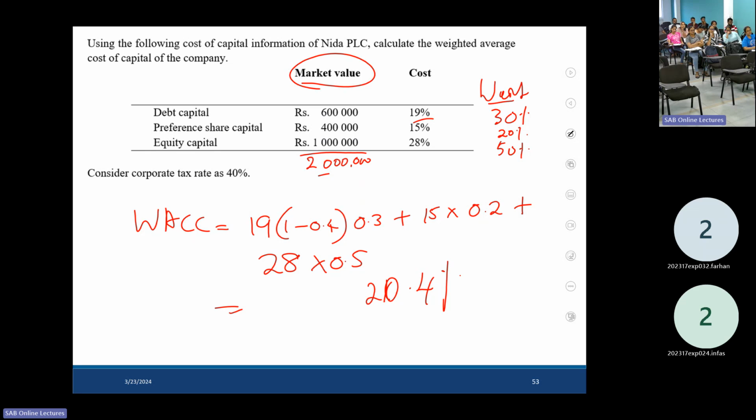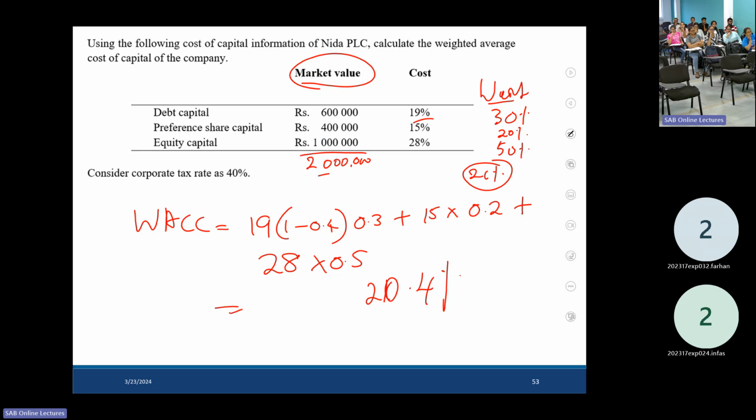They need some 500,000 for the extra investment, so they are raising this 500,000 by borrowing from the bank. Say the interest rate is 21%, not 19%. They now cannot borrow at 19%; now it is 21%.